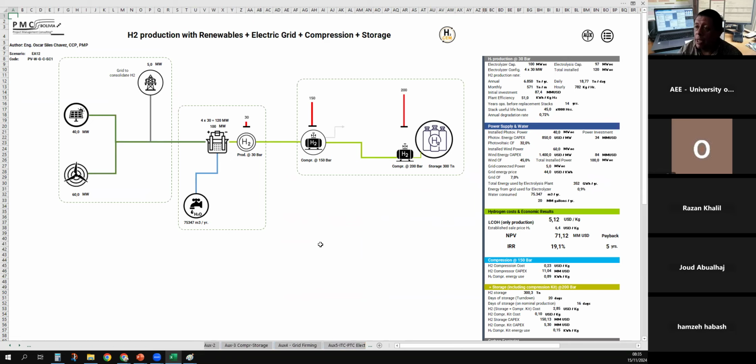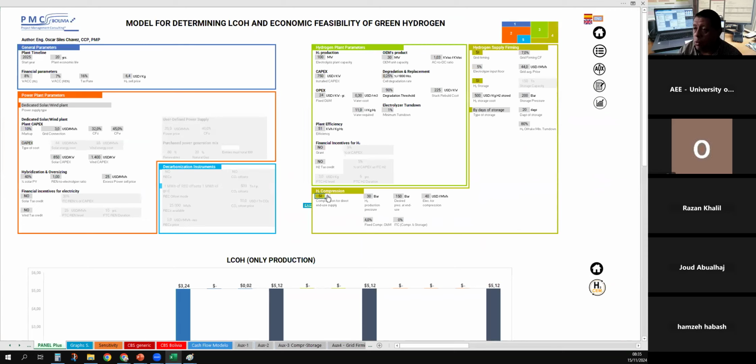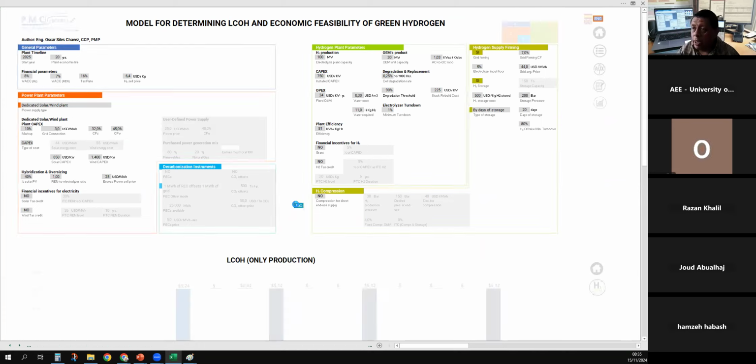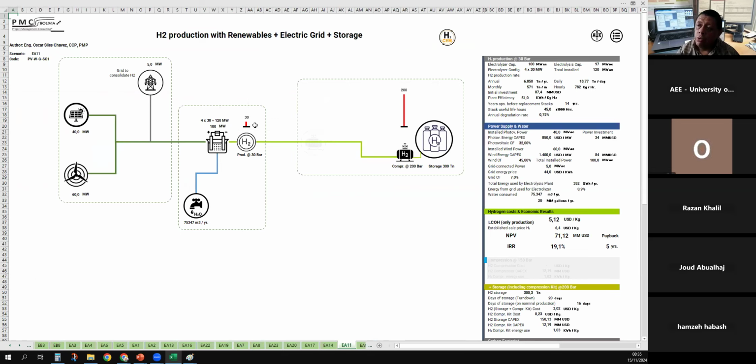What's happening if, for example, we don't want compression? We want to go directly to storage. You can see here that production goes directly to storage, with no compression mode.